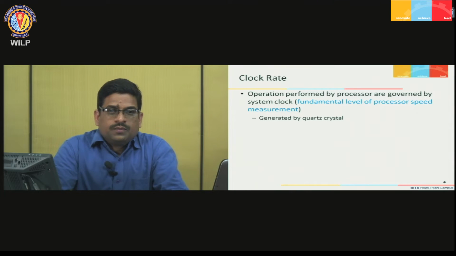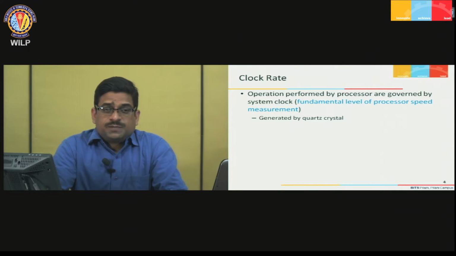So, now let us say we want to measure the performance in terms of the speed for a single computer, to keep the discussion simple. Speed means we need to find the execution time, and for execution time we need to talk about how the processor executes the program or instructions.